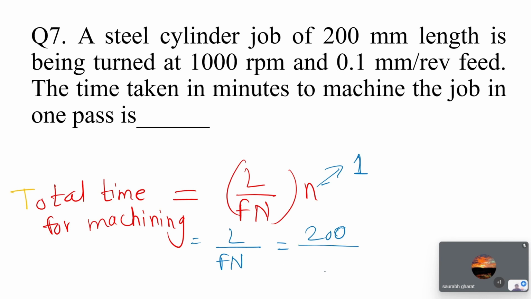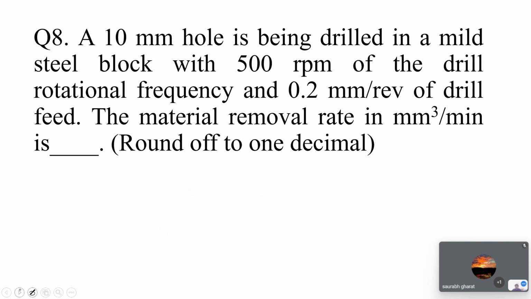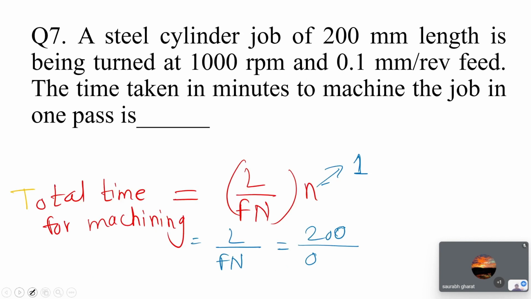So 200 divided by F, which is 0.1, and your N, which is given directly here as 1000.